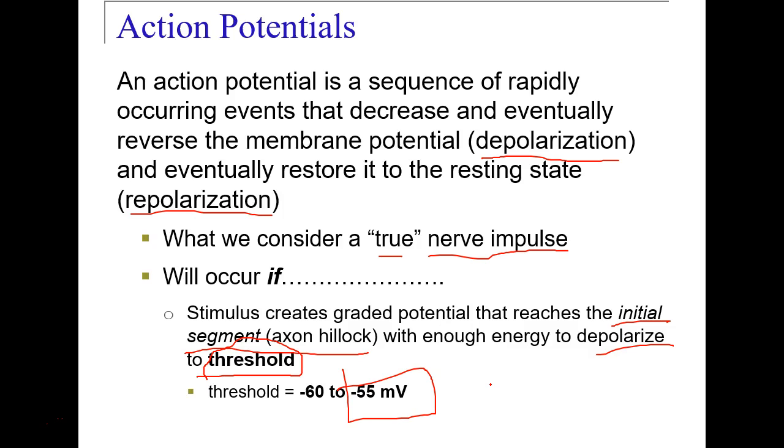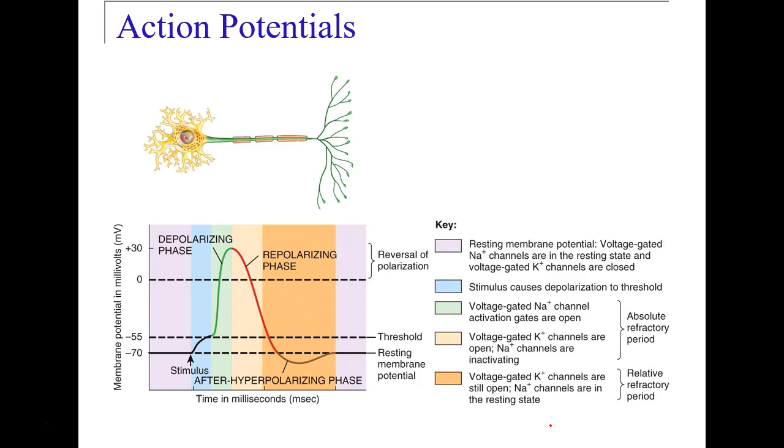We saw how a graded potential can change the membrane a little bit, but if we add enough of those graded potentials to create a negative 55 millivolt membrane potential, this is our threshold to create an action potential. So this is what we have to reach to create an action potential. So that is seen here.